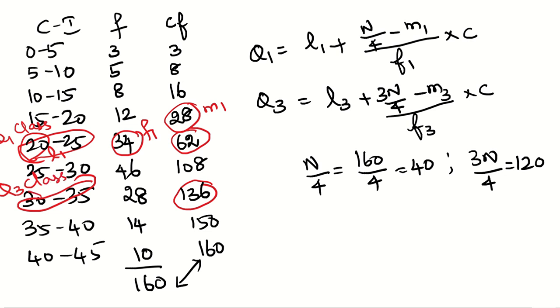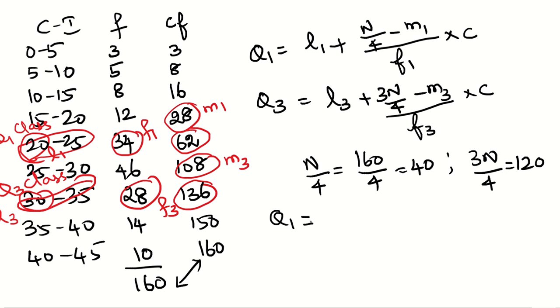Here 30 will be the L3 value, 28 will be the F3 value, and the cumulative frequency just preceding the Q3 class is 108, which will be the M3 value. So now we have got all the values. Let us substitute these values in the formulas and calculate the Q1 and Q3 values.